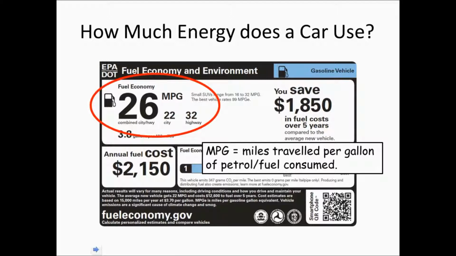So that's the miles traveled per gallon of petrol or fuel consumed, based on certain benchmarks. What does that mean? Well, it's a nominal number, okay? So one of the things I'm going to ask you to do in your assignment is actually to look it up for your car. If you don't have a car, look it up for a dream car.